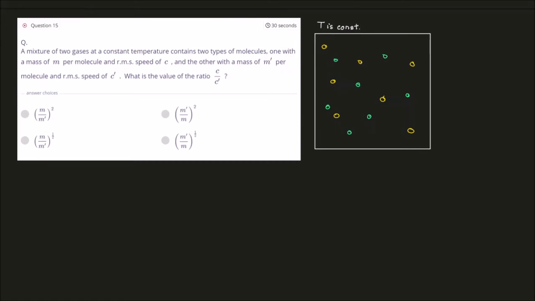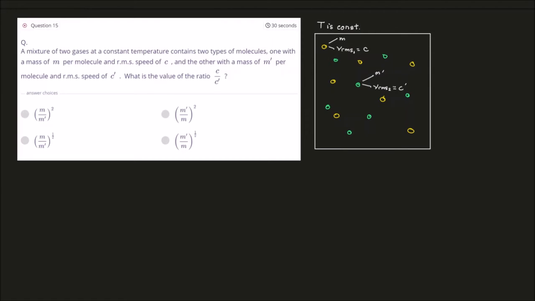Then they say one of the molecules has a mass of m per molecule, and the RMS speed is c. Then you have another type of molecule, let's say this green molecule here, that the mass is m prime, and the VRMS is c prime.